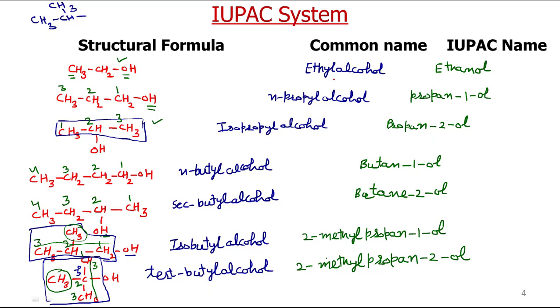So you should learn both the common name as well as the IUPAC name of different alcohols. Both are important. IUPAC names are generally used, but sometimes common names are also used because that name is more popular than the IUPAC name.